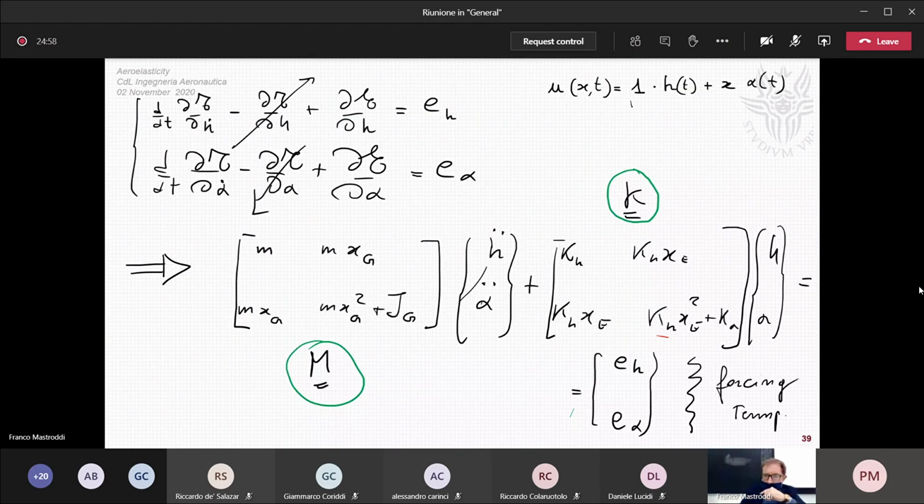So this is psi1 shape function, and this is psi2 shape function.